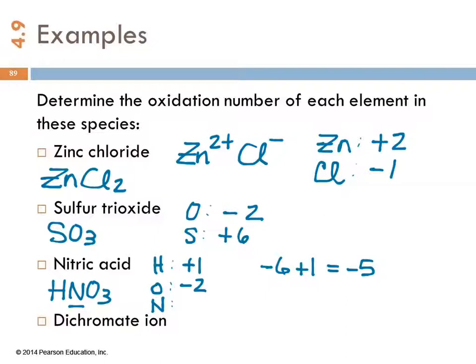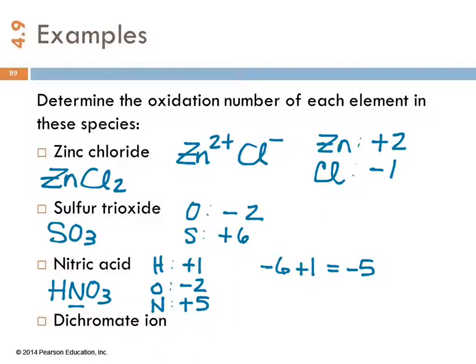So nitrogen must be +5. Is it starting to make a little sense? I see some concerned looks. Yeah. This is kind of a middling deal. This is not a huge deal. You could pass the class if you don't get this, but don't give up on it yet, okay?